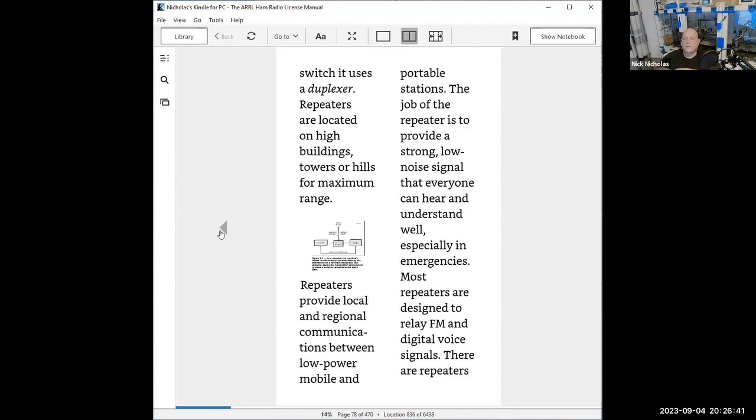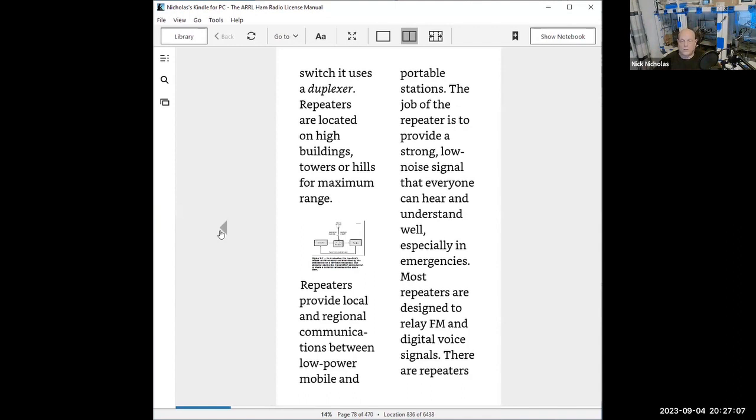The other thing about repeaters to know is we've entered the world of digital radio, not just FM. Digital radio digitizes the audio and then sends it not as audio, but as a digitized signal over the air, which a little computer in the radio converts back into audio for you again.